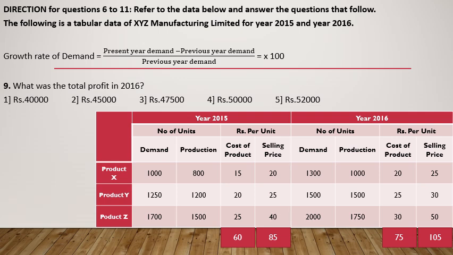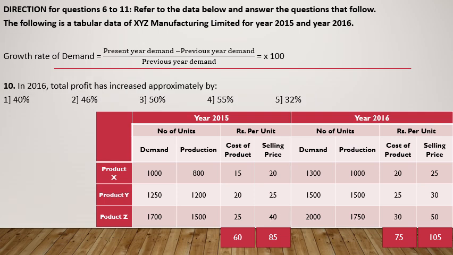When adding all this, this will give us 145,000. So when solving this, if we subtract for the profit, the answer of this question will be 47500, right?